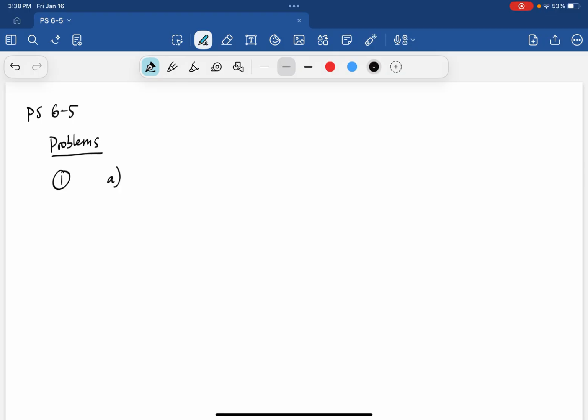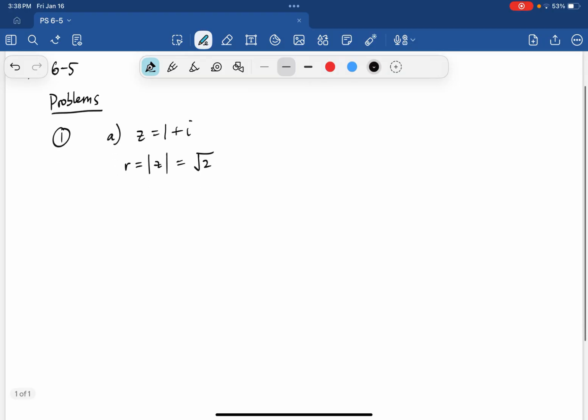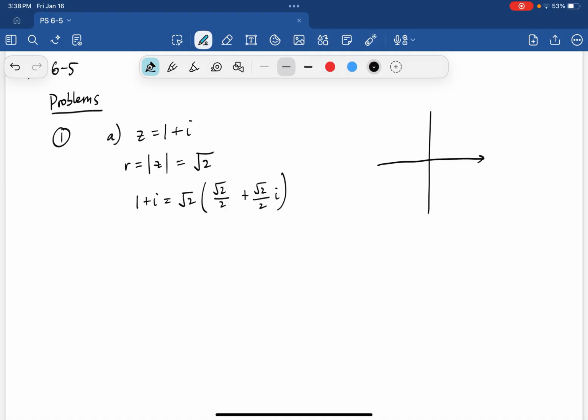So for A, we have z equals 1 plus i. We're going to first calculate the magnitude r. So the magnitude here is going to be root 2. So we'll factor that out. And so this corresponds to a point here.